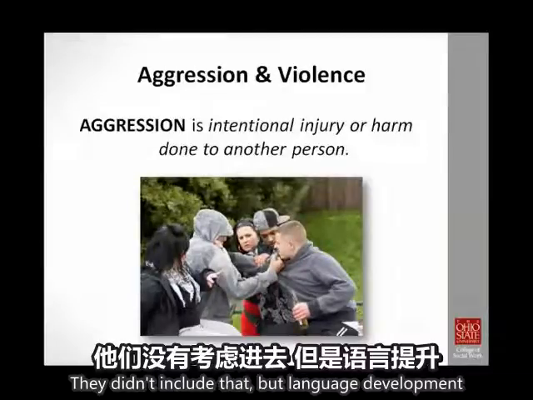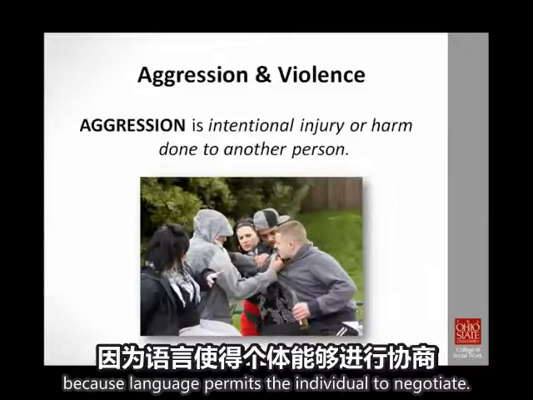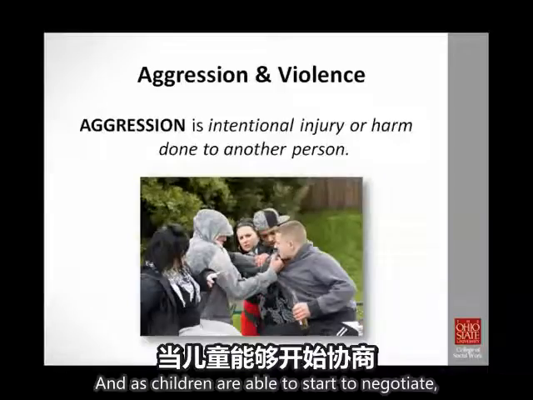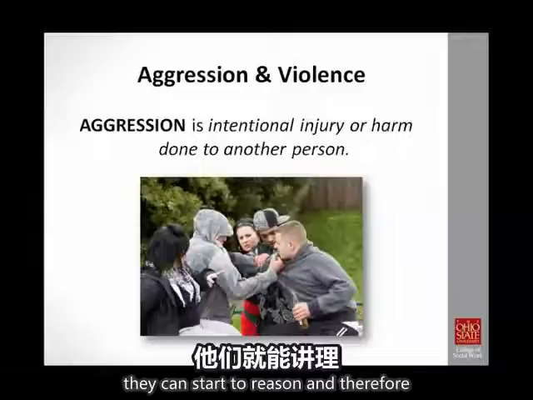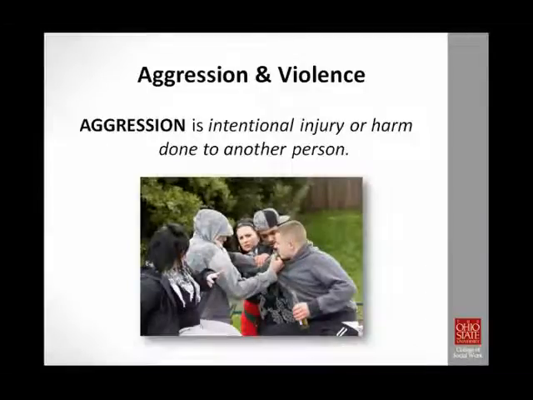It didn't include that, but language development also is very important to self-regulation because language permits the individual to negotiate. And as children are able to start to negotiate, they can start to reason and therefore then start to regulate their emotion.